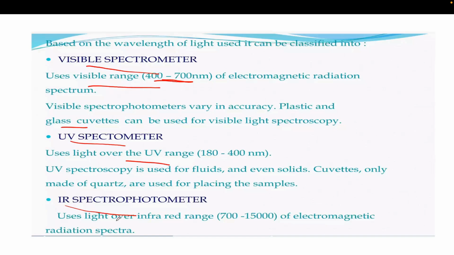IR is nothing but the infrared spectrophotometer, which uses light of the infrared range, that is 700 to 15,000 of the electromagnetic radiation spectrum. So that is all about the three basic types of spectrophotometer.